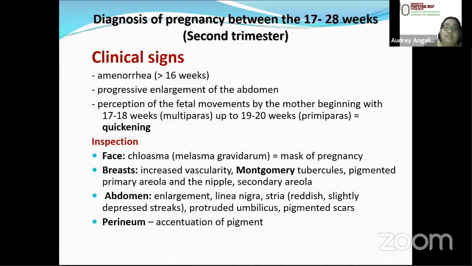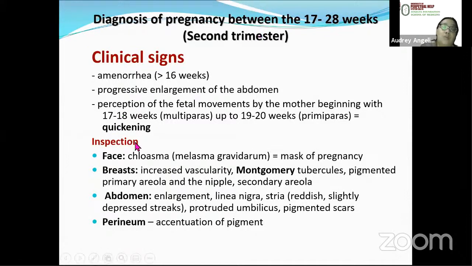Okay. Now we're at our second trimester, at around 17 to 28 weeks of amenorrhea. So the abdomen would continue to enlarge and there would be the start of fetal movement. Okay. So you ask, why is quickening important? These are for patients who are not sure of their menses.